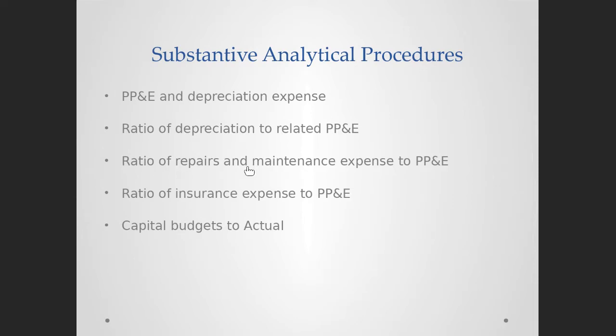Also, we look at the ratio of repairs and maintenance to property, plant, and equipment. The ratio of repairs and maintenance tells us whether they have recorded too much or too little in repairs and maintenance. Sometimes some items are recorded as repairs and maintenance, but they are property additions. For example, your client may have added a bathroom to a floor and they have recorded that as a repair and maintenance expense, but it is not.